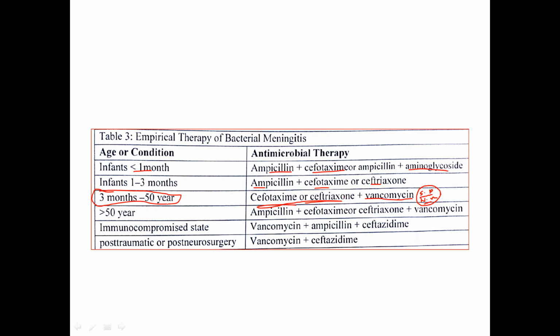If it's in old age, greater than 50 years, you will add ampicillin to cover Listeria monocytogenes. And also post-traumatic or post-surgery, you will add vancomycin and start ceftazidime to cover the organism called Pseudomonas aeruginosa.